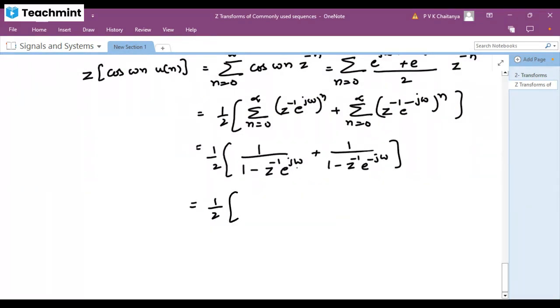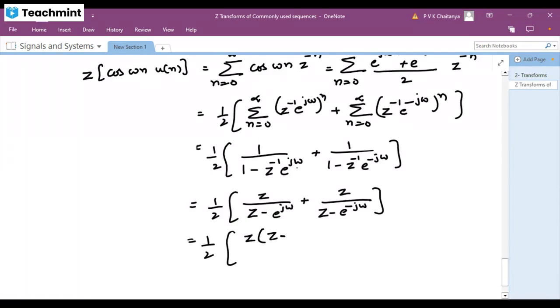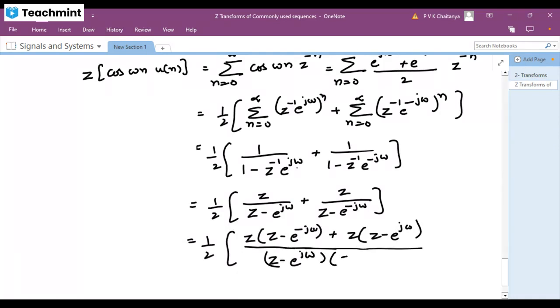So 1 by 2 into, if I multiply and divide with z, z by z minus e power j omega plus z by z minus e power minus j omega. So with a similar derivation, 1 by 2 into z into z minus e power minus j omega plus z into z minus e power plus j omega, by z minus e power j omega into z minus e power minus j omega.